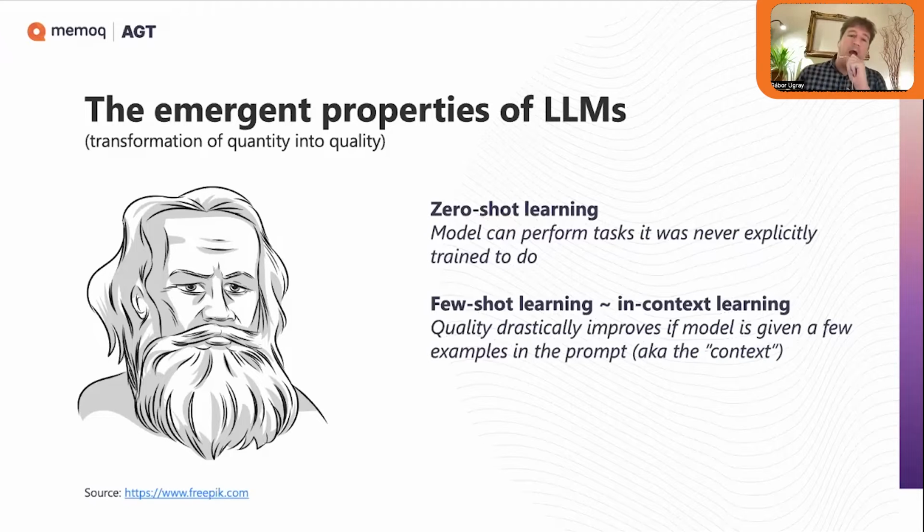And then there's another aspect which kind of got discovered along the way, which we call few-shot learning or in-context learning, is that if you don't just give it an instruction, but you give a couple of examples, and you know, what I want you to do looks kind of like this. If the input is this, then make the output like this.